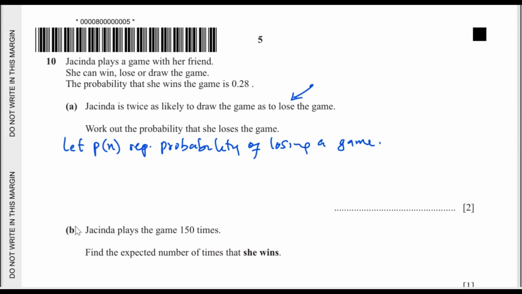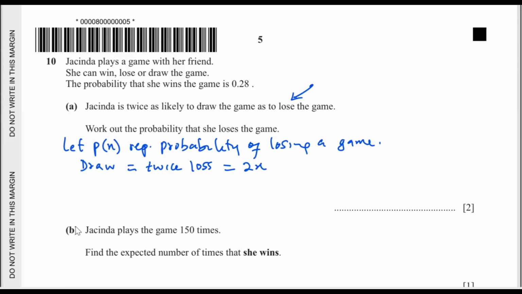Jessica is twice as likely to draw the game as to lose the game. So draw is going to be twice loss, which is 2s.